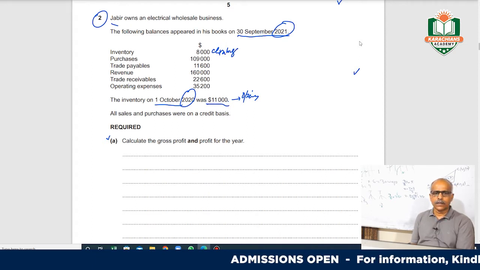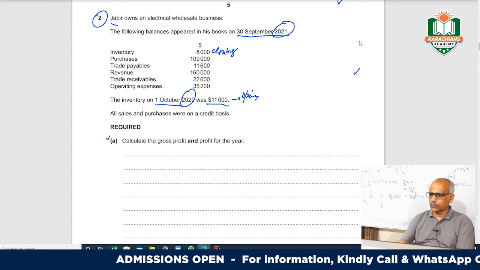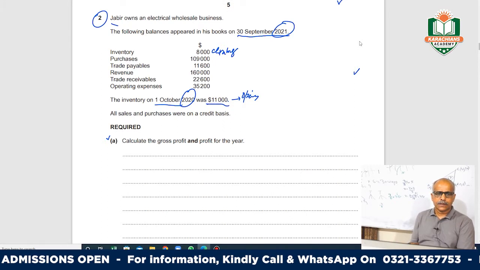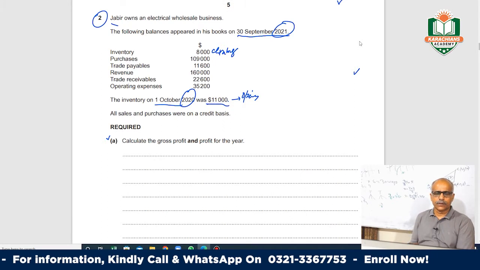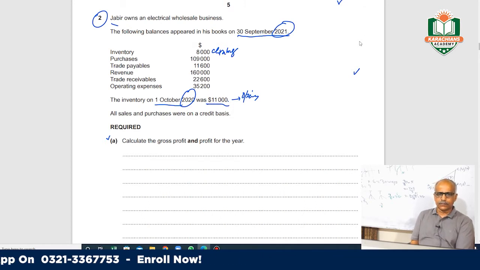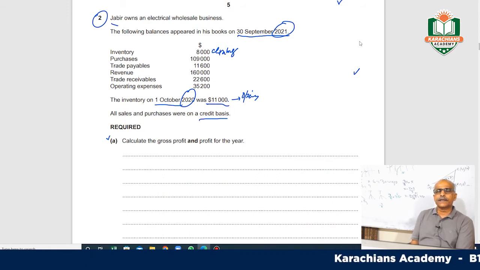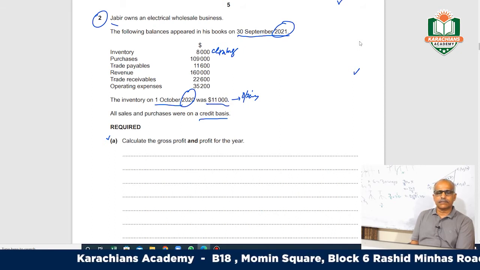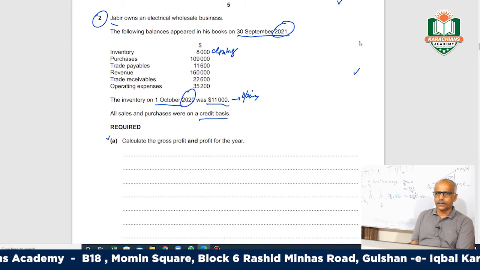They are talking about full year information from 1st October 2020 till 30th September 2021. Now see, all sales and purchases were on credit. Very carefully read the question. So all purchases and sales are on credit.